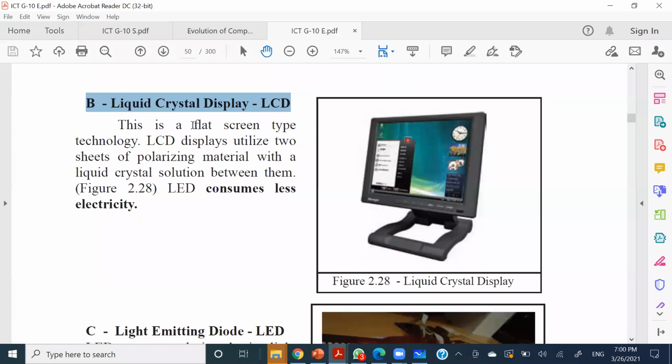And as the first point under it, the very first line, this is a flat screen type technology.